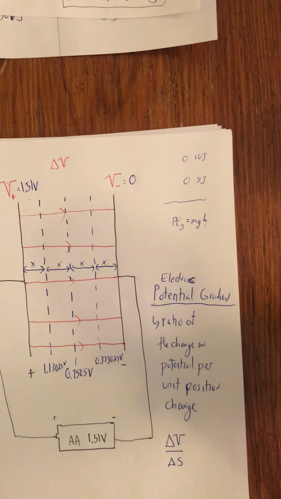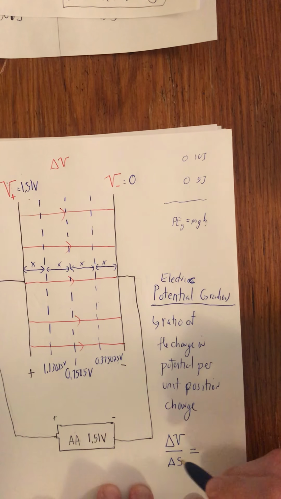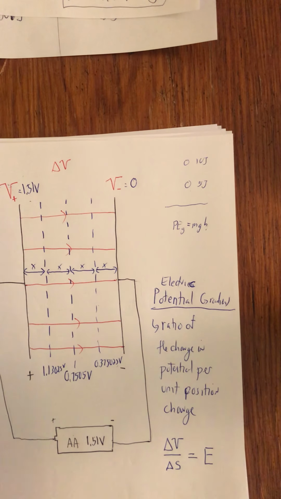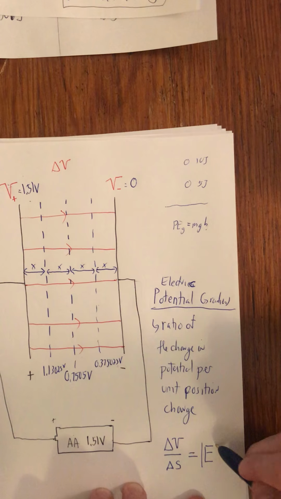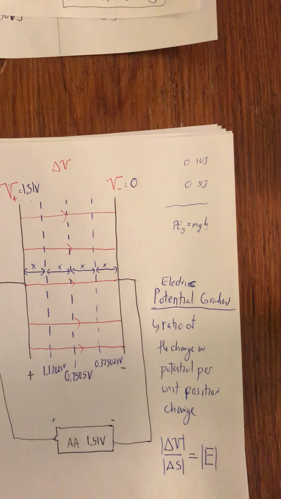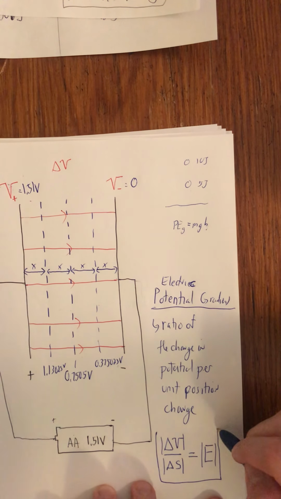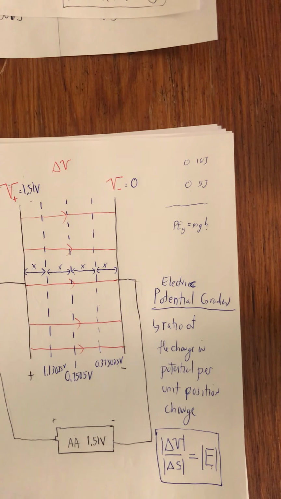And that's because the field was uniform. In fact, the potential gradient is the same thing as the electric field, right? Now, I'm going to put some magnitude signs around all this because, once again, we said we're just ignoring things with signs. We're just going to use logic to deal with the signs. So the strength of the electric field is the same thing as the potential gradient.